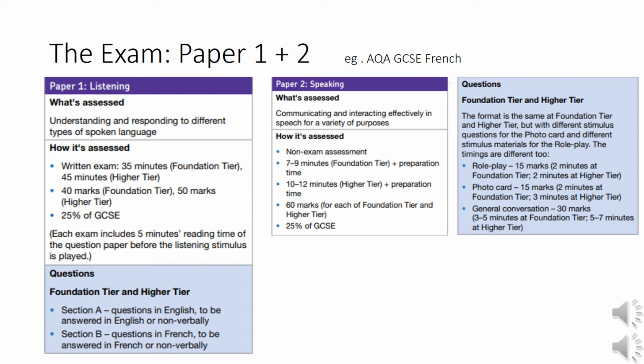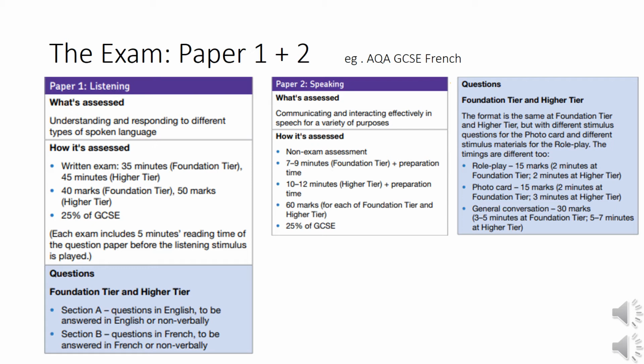Finally, you have the general conversation, which is worth half of your speaking exam. At foundation tier, there will be 3 to 5 minutes of conversation, while at higher tier there will be between 5 and 7 minutes of conversation. The general conversation will be split between your chosen theme and an additional theme which will be selected by the exam board.